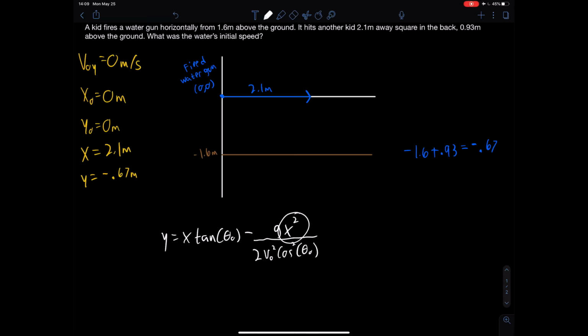We know where we ended in the x position, it was 2.1. We know where we ended in the y position relative to our origin, it was negative 0.67. It looks like we're missing this angle. If we launched horizontally, he just held the water gun straight out in front of him and fired it. So the angle he fired it at relative to the horizontal was 0 degrees.